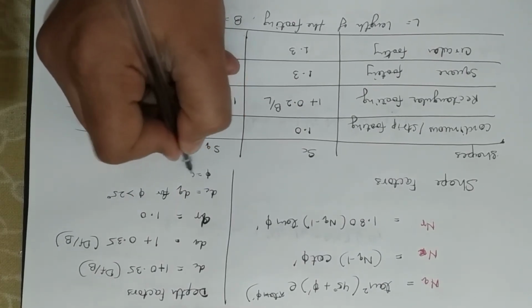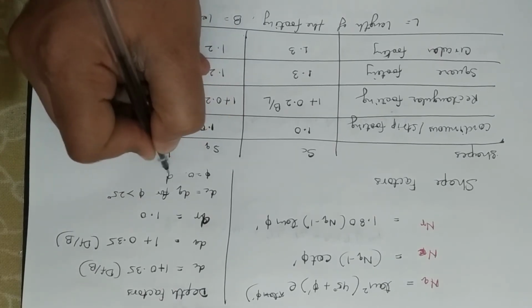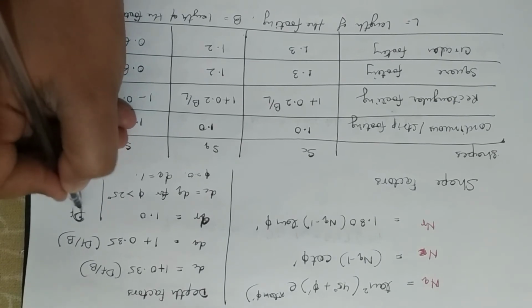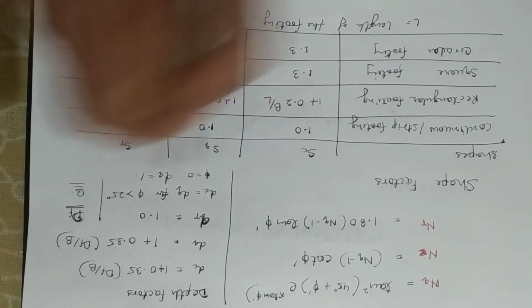If phi is equal to 0, dq is equal to 1. df is the depth of the foundation and B is the width of the foundation.